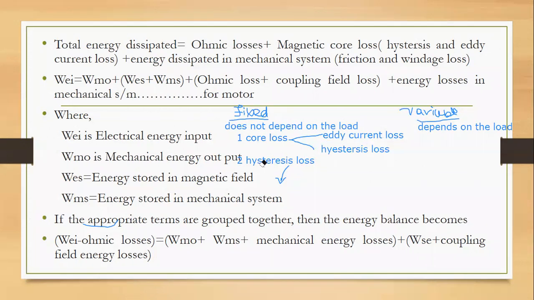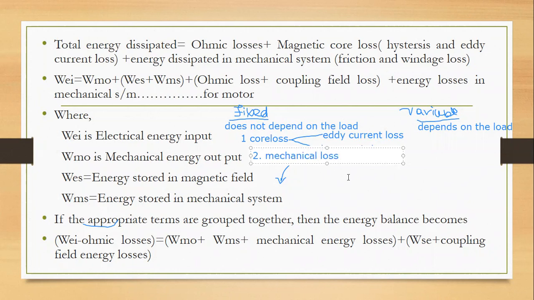Sorry, let's just erase this. First one is core loss. The second one can be mechanical loss.